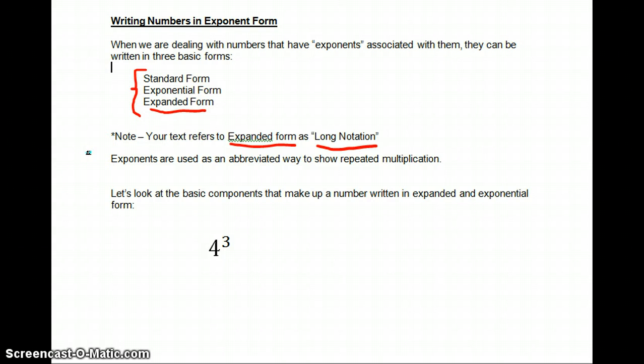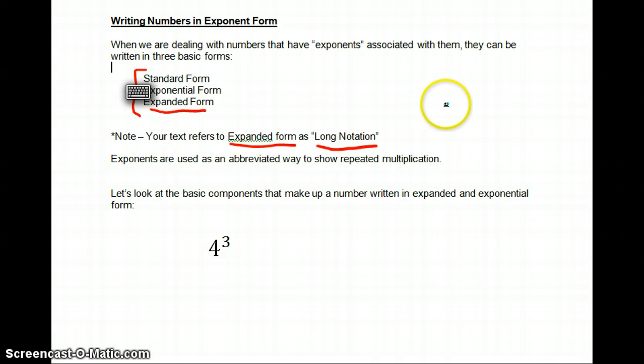Now, exponents are used as an abbreviated way to show repeated multiplication. For example, I have shown at the bottom of this page the exponential problem 4 to the third power.